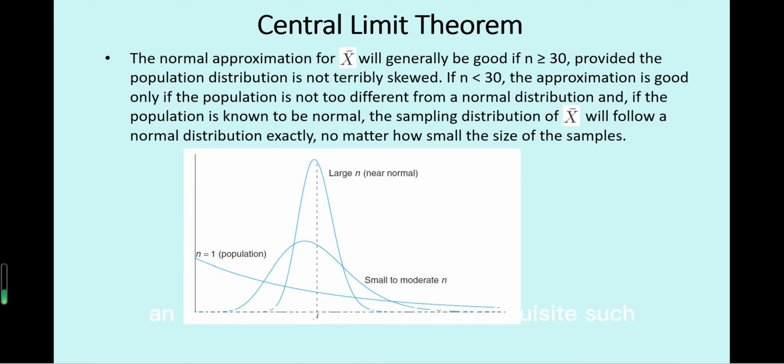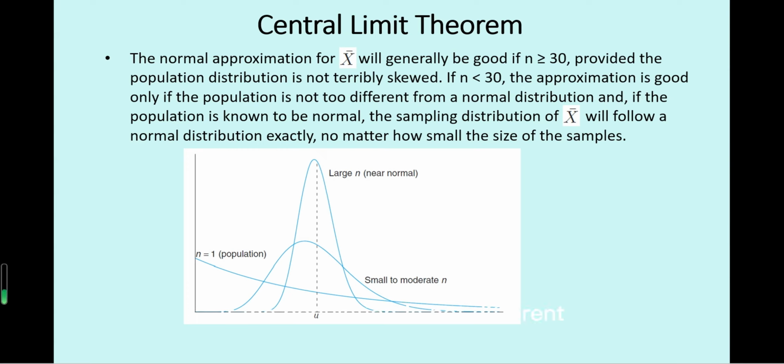The central limit theorem has the prerequisite that the sample size is larger than 30, which means large enough, and the population distribution is not terribly skewed, so the approximation is very good.